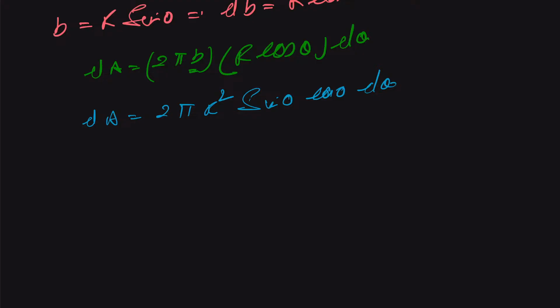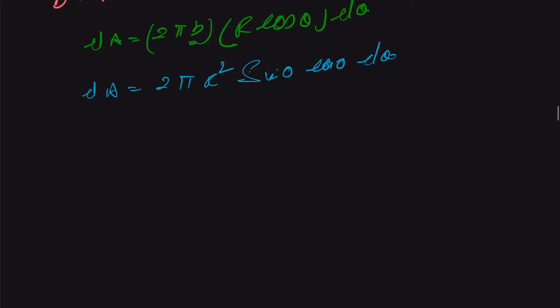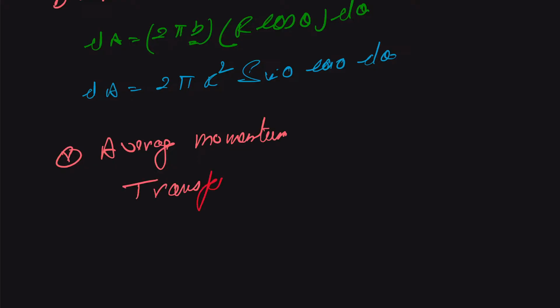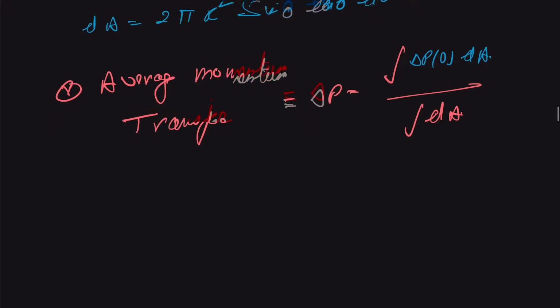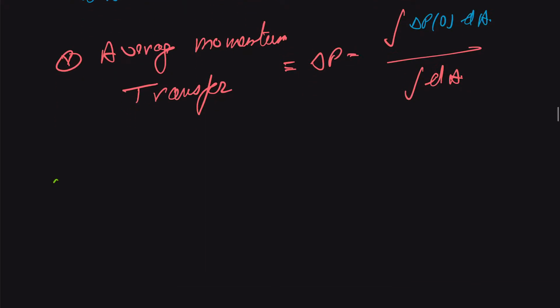So we are simply going to find out the average momentum transfer, and let us call this delta P, which will be equal to our total area and our momentum with respect to our small area, dP of theta, and this is our dA.